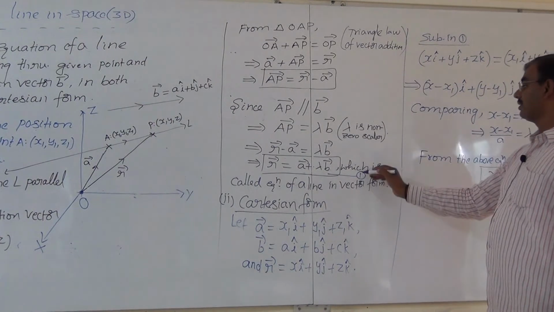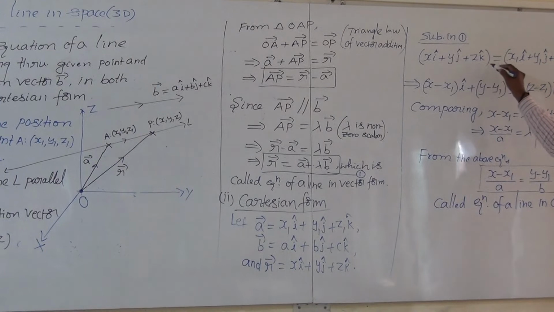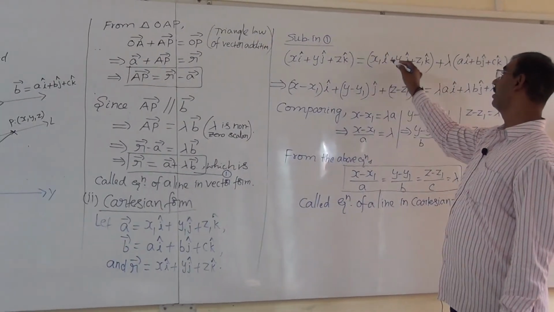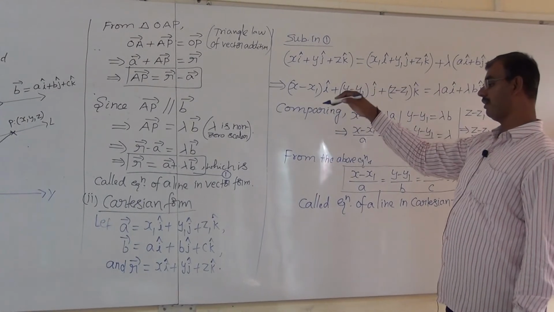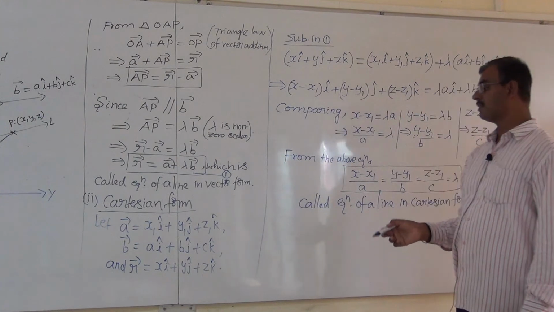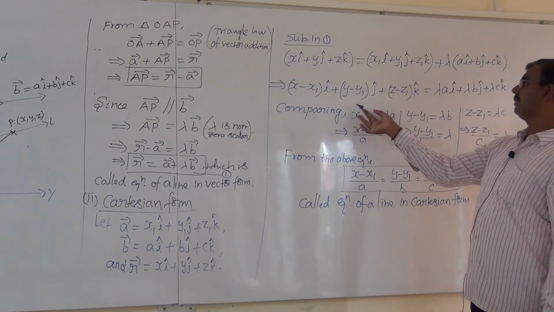Substitute all values in equation 1: x i plus y j plus z k equals x1 i plus y1 j plus z1 k plus lambda times (a i plus b j plus c k).